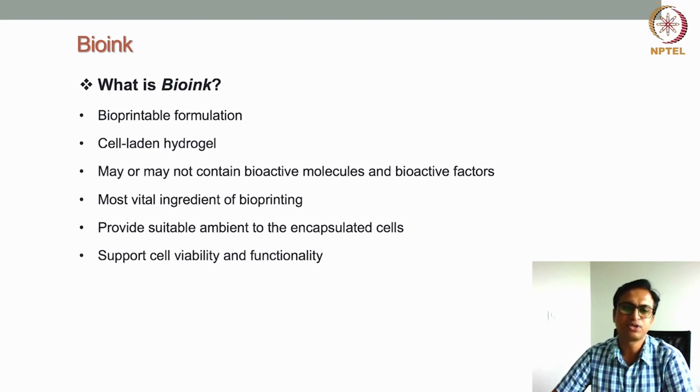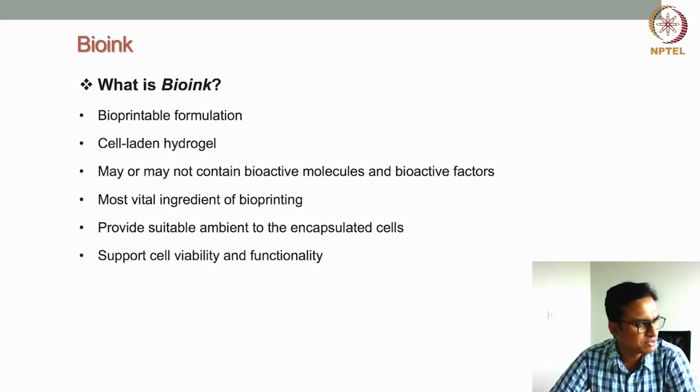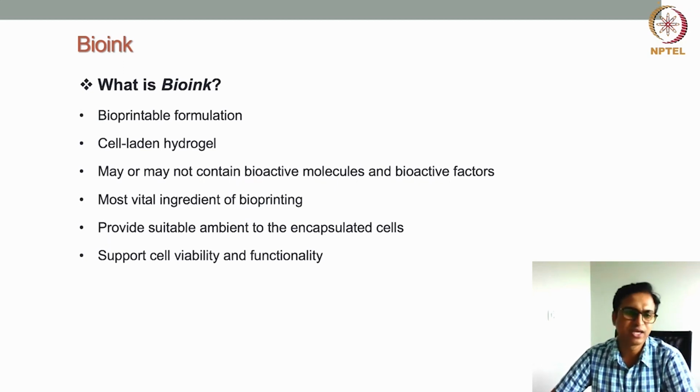All these things are made possible by using certain bioinks that support these functions. So bioink is a bioprintable formulation, a cell-laden hydrogel. It may or may not contain bioactive molecules or factors, and it provides a suitable ambience to the encapsulated cells and supports cell viability and functionality. That's why bioink is very important.